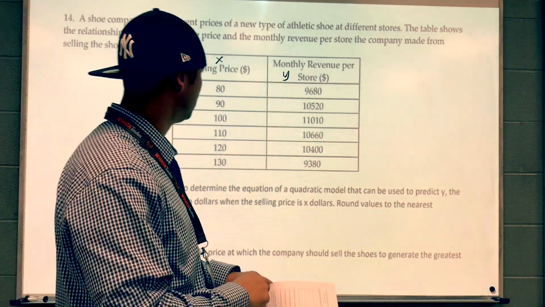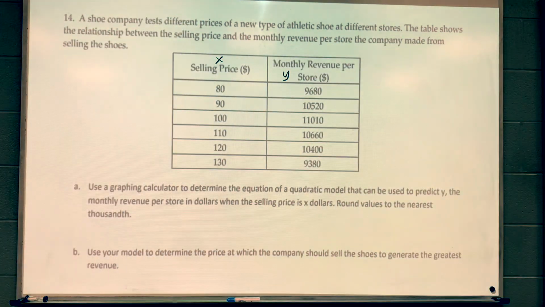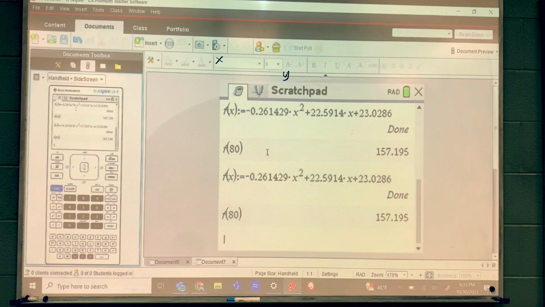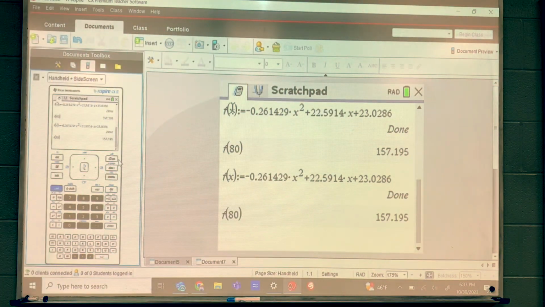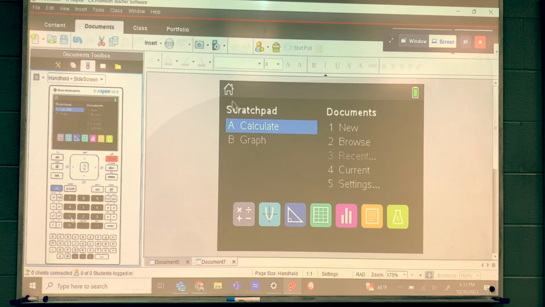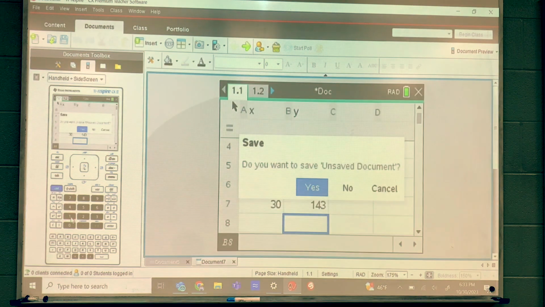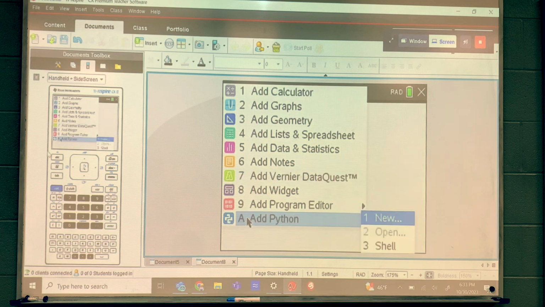So we're going to go to the calculator. When you open your calculator, you're going to do home, 1, because I want to start something new. I don't want to save. 4. So home 1, 4.